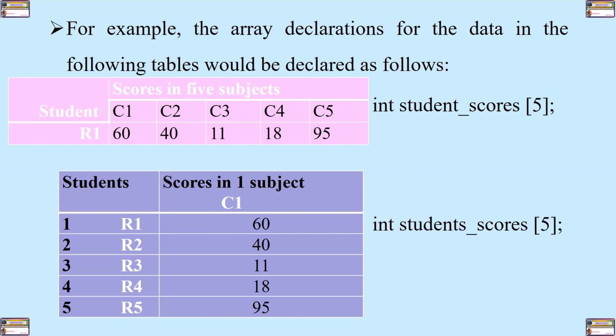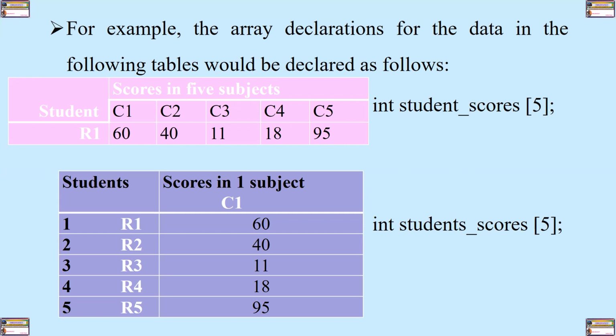Now, if it is in a column, the way we have it, you can still see that it doesn't matter whether for one dimension the elements are in a row or in a column, as long as it's one row or one column. And that's why we're using only a single subscript.